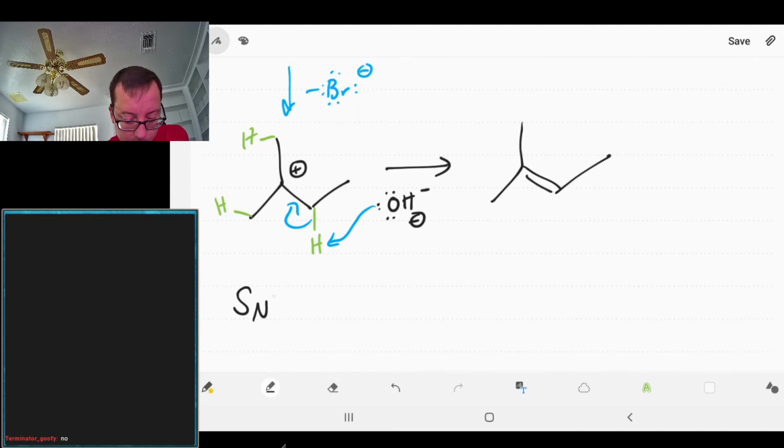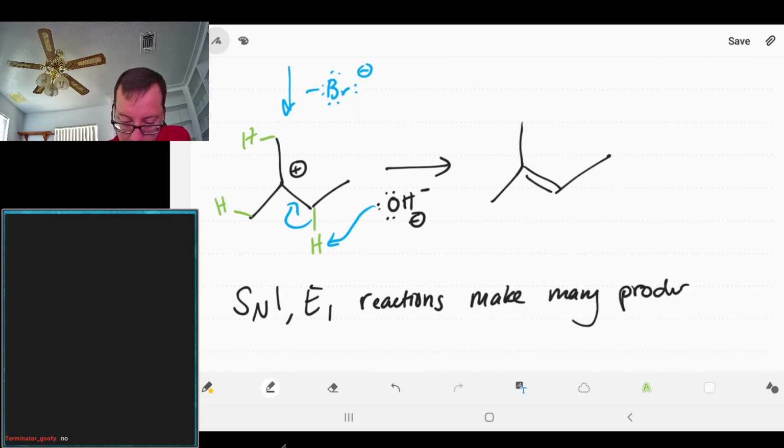Overall, these reactions are not very useful, the unimolecular ones here, because these are competing processes.